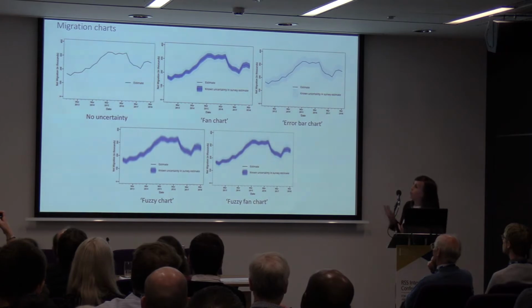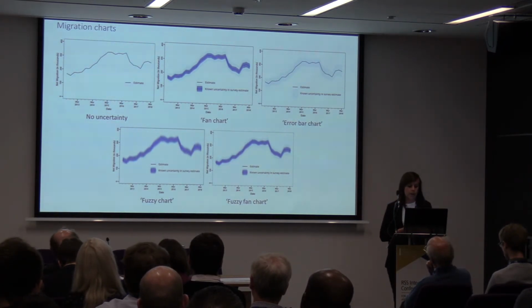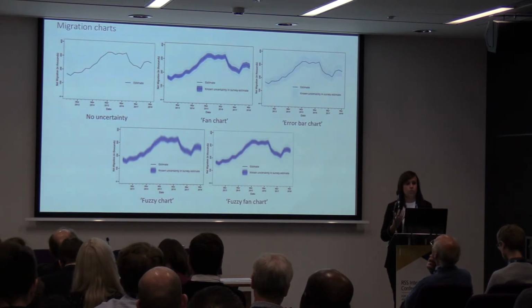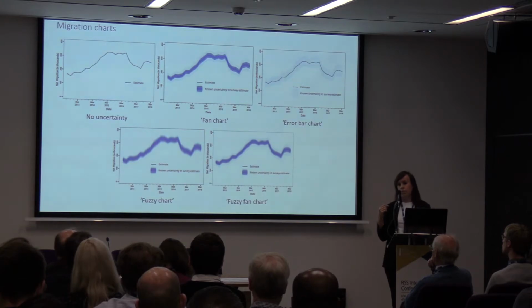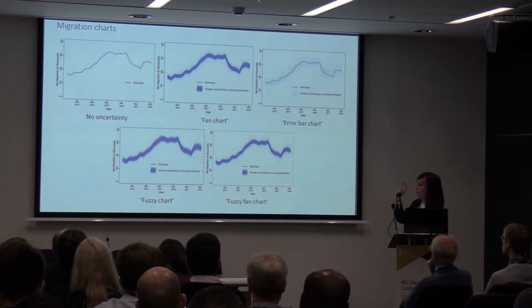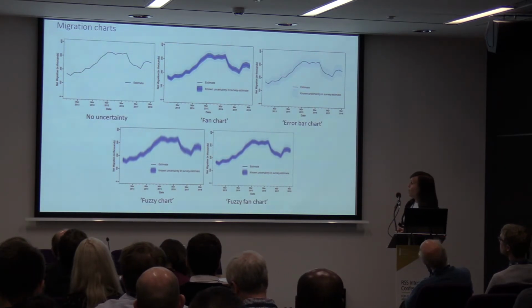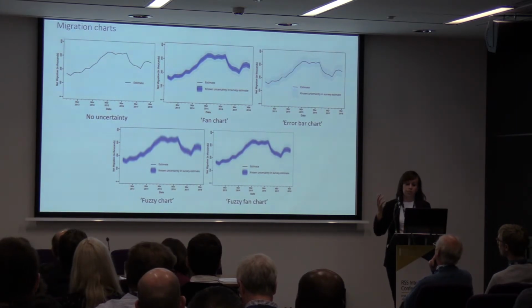So what I'm going to be presenting today is a case study where they examine the understanding of these different types of uncertainty bounds with lay audiences. It's migration data, so it's net migration over time, and they gave it to 1,000 different individuals.